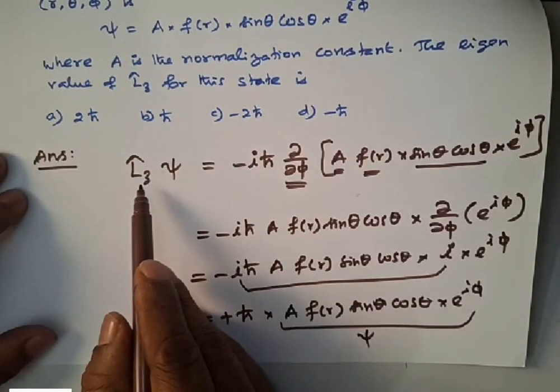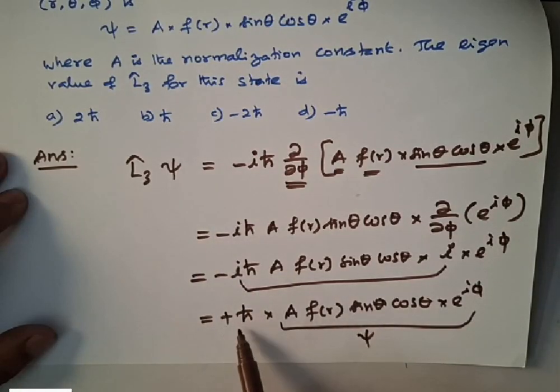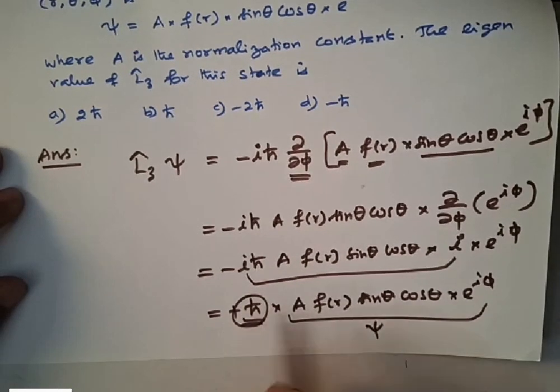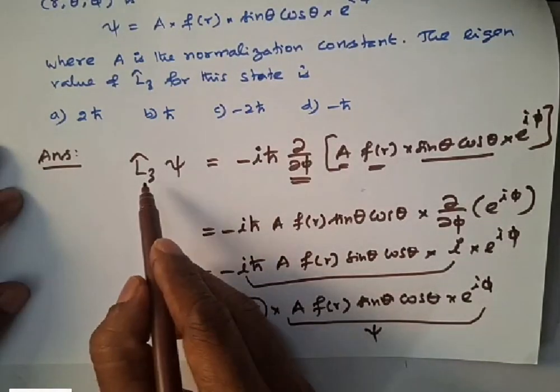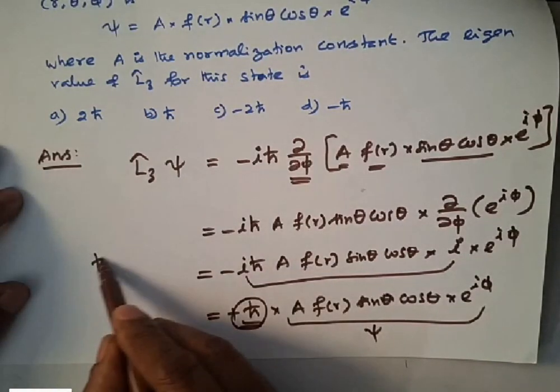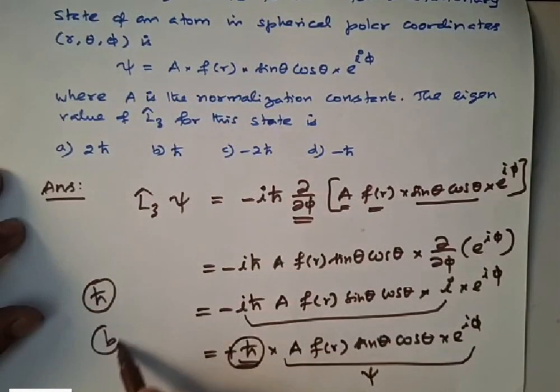So I have applied the operator on the function. We get the same function multiplied by some constant. So this is the eigenvalue. So the eigenvalue for this state, for the Lz operator, is ħ. So the correct option for this question is option B.